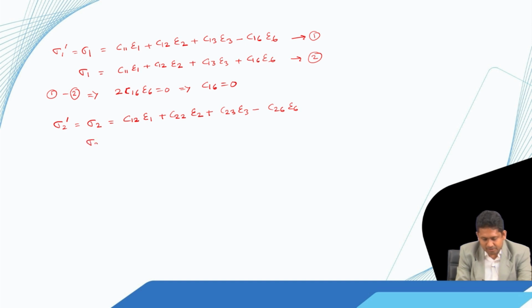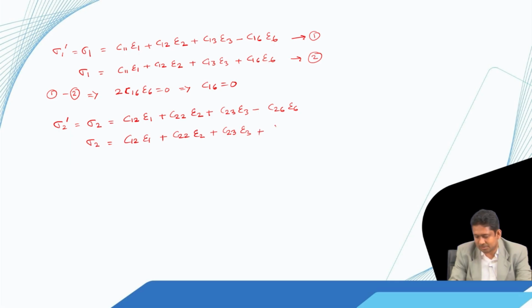And in the 1 2 3 system we have sigma 2 is equal to C12 epsilon 1 plus C22 epsilon 2 plus C23 epsilon 3, and then plus C26 epsilon 6. Let us call this equation number 3 and this equation number 4.